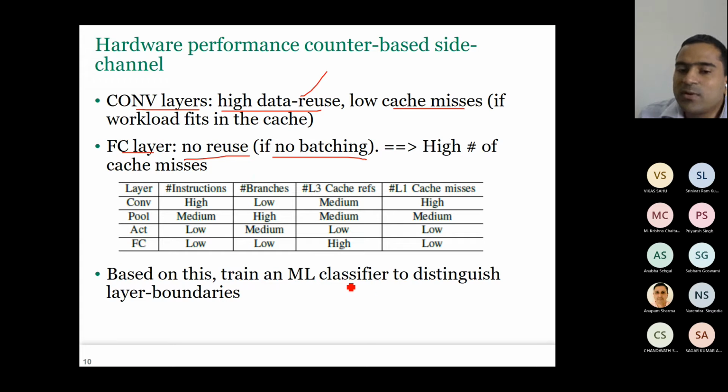Okay, so based on this, you can distinguish layer boundaries. If in a particular time period you are seeing a lot of cache misses, probably it is FC layer. And if you're seeing a very low number of cache misses, probably it is convolution.